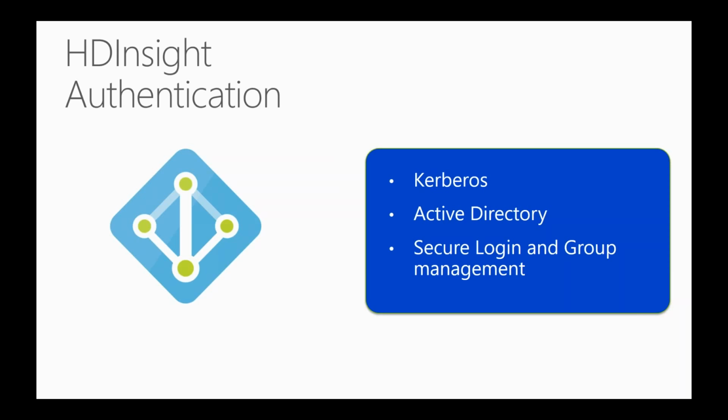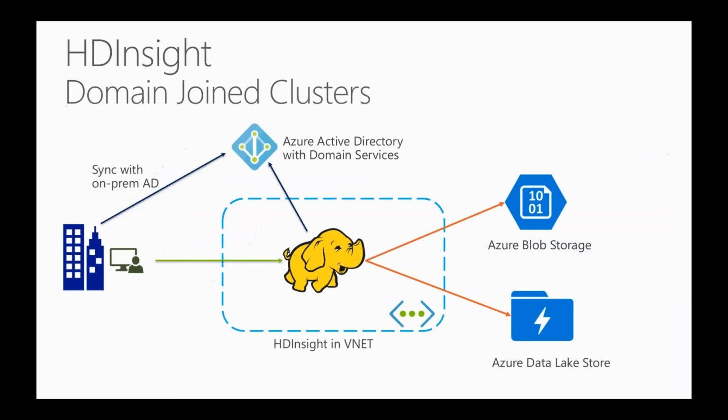There are local users that you can create in HDInsight, and you can do that through Apache Ranger, which is a premium HDInsight cluster option, and I'll walk through creating a cluster so I can point out all these options for you in a bit. But the other option is to have domain join and use Active Directory for authentication.